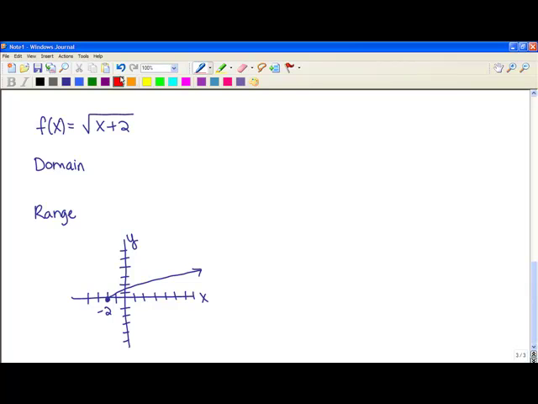The domain are the x values from left to right. So over here on the left side there is not a function, but the function starts at negative 2. So that's where the domain will begin. Negative 2 with a bracket, because it has a closed dot, there's a function there at negative 2. And the function continues to the right. So on the right side of the x-axis, it will eventually go to infinity. So the domain is negative 2 to infinity.